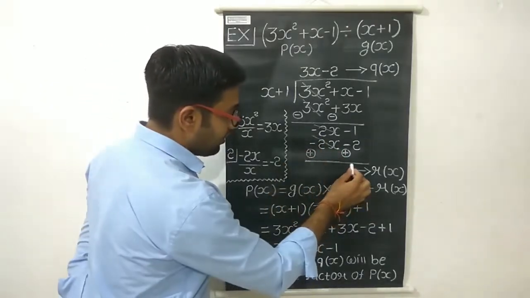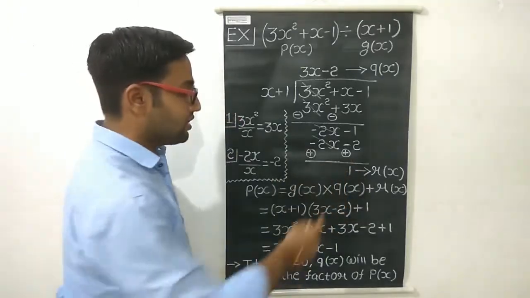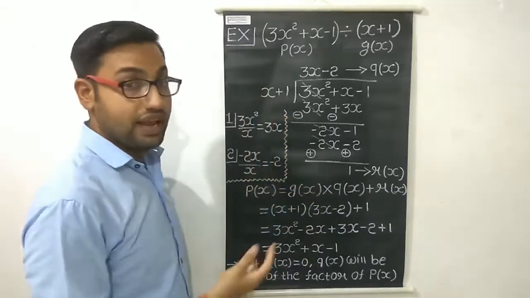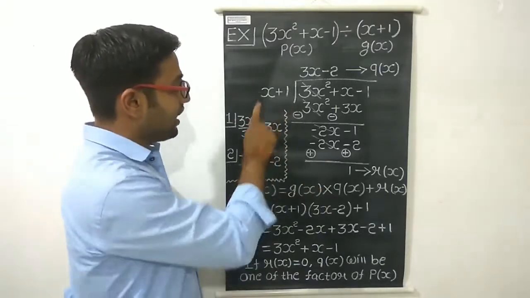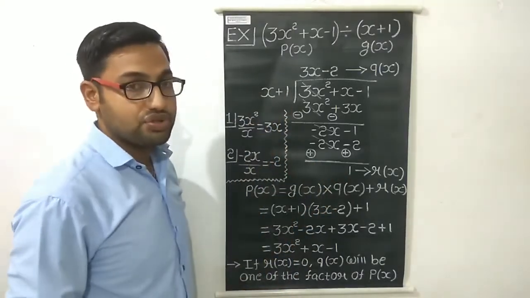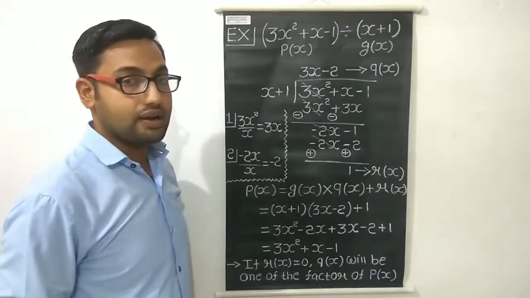Now check. In the third step, the degree of this polynomial is 0 because it is a constant polynomial, and the degree of this polynomial is 1. Now the degree of this divisor becomes greater than this new dividend. So now the division is not possible. So whatever we get here will be the remainder.